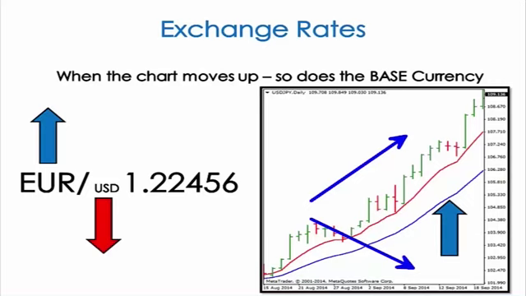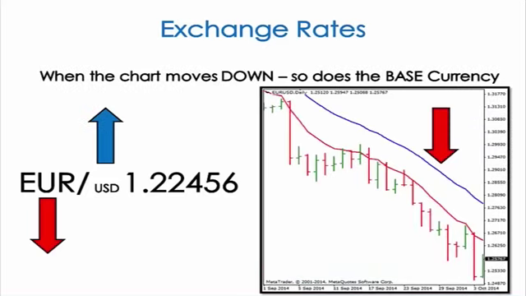Just bear that in mind, because if we now look at a downward trend, if the euro dollar is going down, the dollar euro is going up. Now, you can't trade dollar euro. No one quotes it. It's not a priced currency pair. So essentially, when you sell euro dollar, you're buying dollar euro.